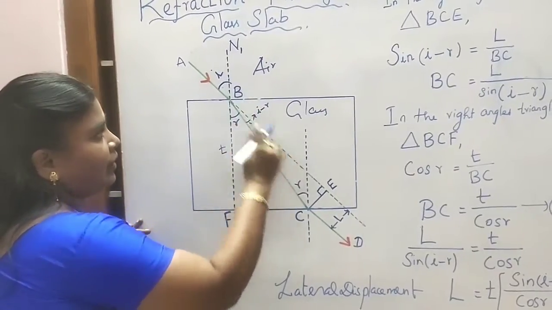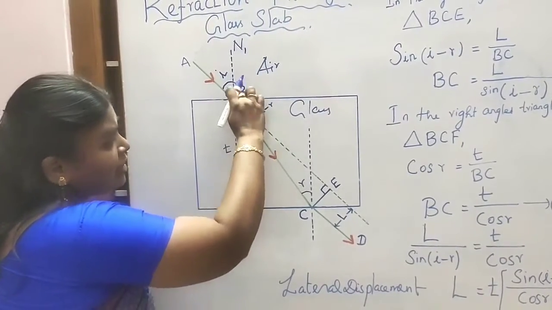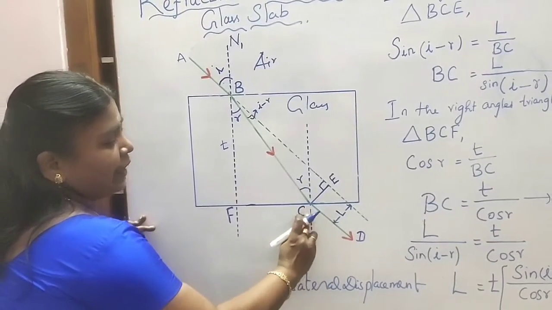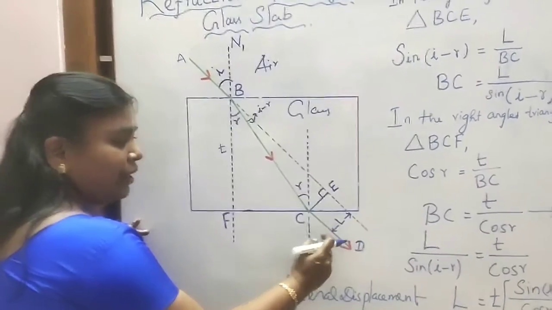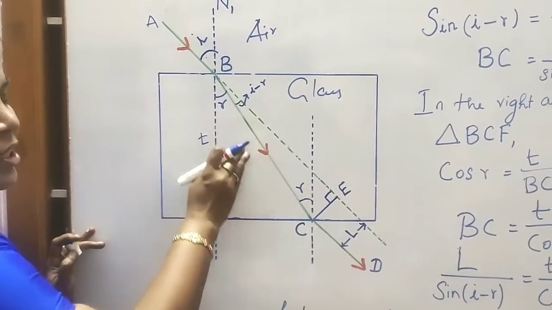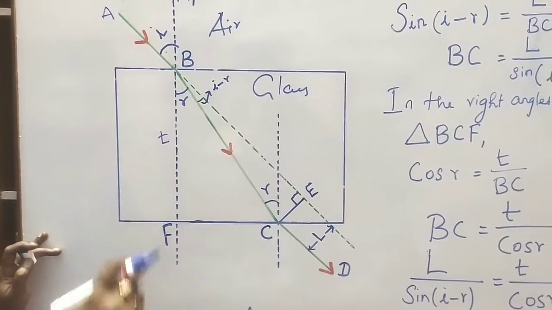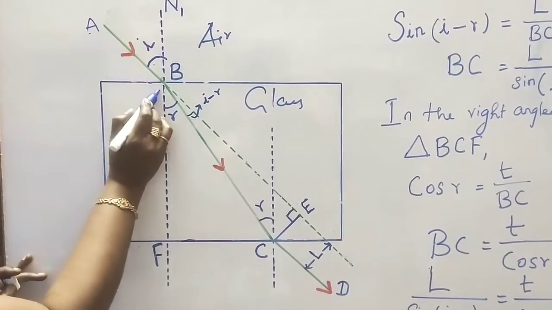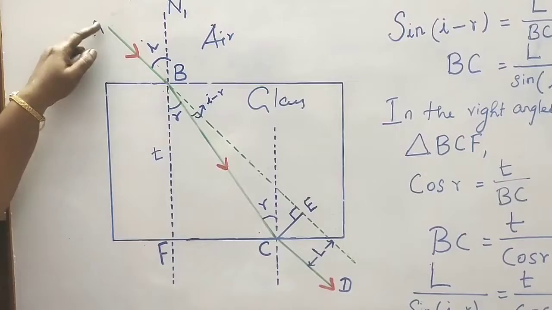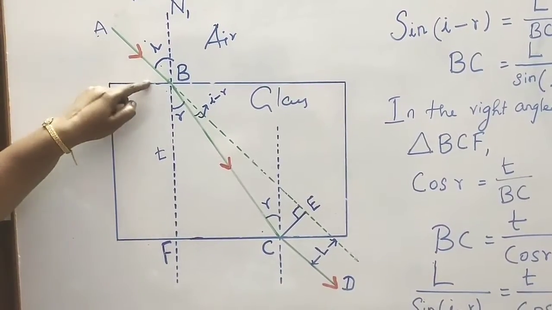This is the refracted ray from surface to surface, ray BC, and then CD, the emergent light. Here it gets refracted and goes away from the normal, since it is going from denser to rarer medium. So the path of the light is A, B, C, D. This is the actual incident light.